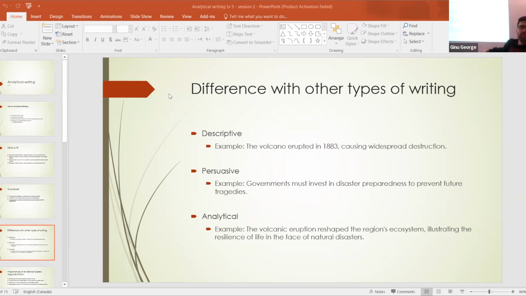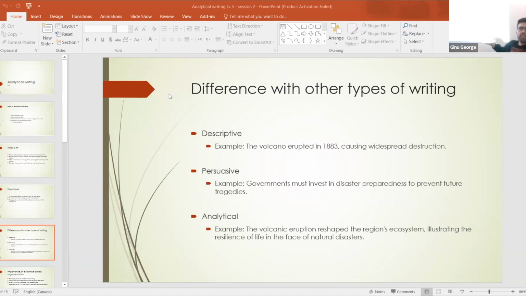Some differences between this kind of writing and other types of writing, like, for example, descriptive and persuasive kinds of writing, right? These are not, by the way, mutually exclusive, okay? So like a single article or paper or essay or whatever might have all types, right?